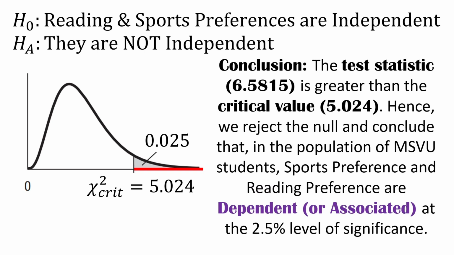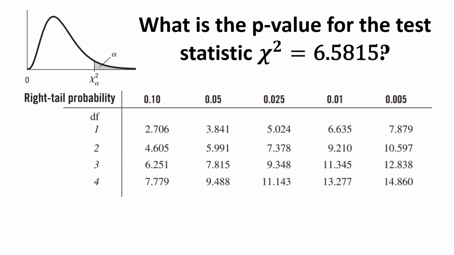Hence, we reject the null and conclude that in the population of MSVU students, sports preference and reading preference are dependent, or you could say associated, at the 2.5% level of significance.